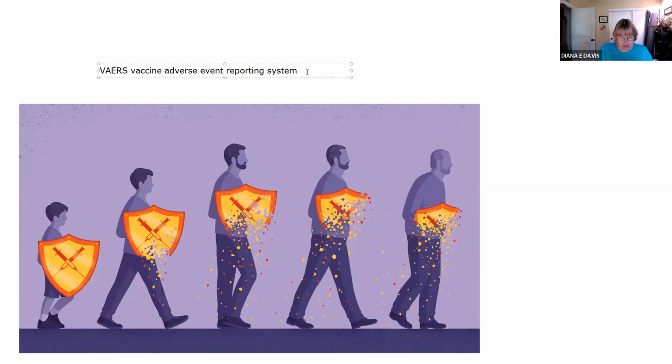But I want to also mention here that in the US, there is a Vaccine Injury Fund. It's a national program that compensates people who get serious vaccine injuries, either temporary or permanent.